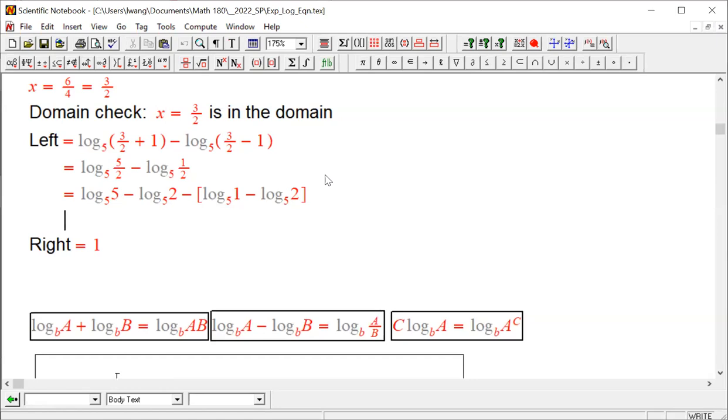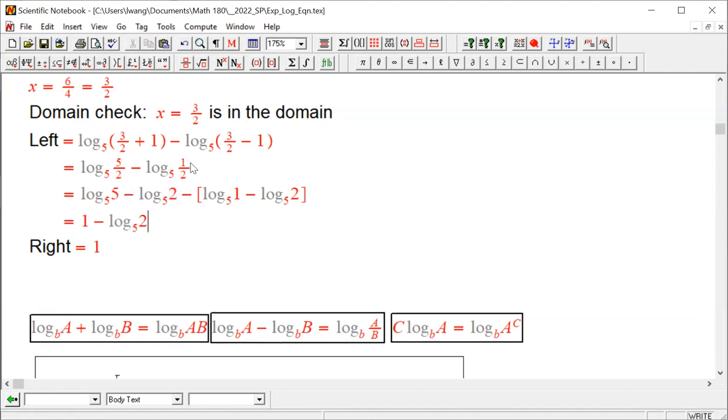Log base 5 of 5, that equals 1, minus log base 5 of 2, we don't know, minus 1, minus log base 5 of 1, this is going to be 0, right? That's going to be 0. And minus negative log base 5 of 2, that's going to be a plus.